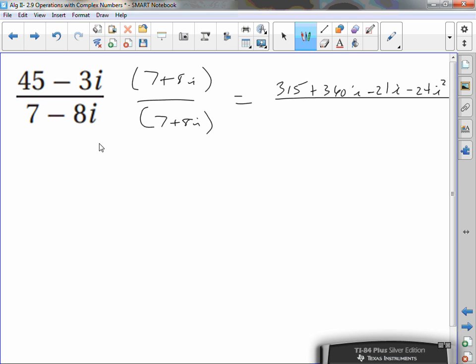Now in the denominator, because it's the same expression, but the sign's different, I have 7 squared is 49 minus, what's 8i squared? 64i squared.